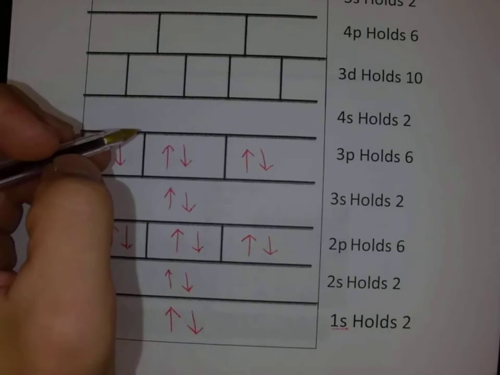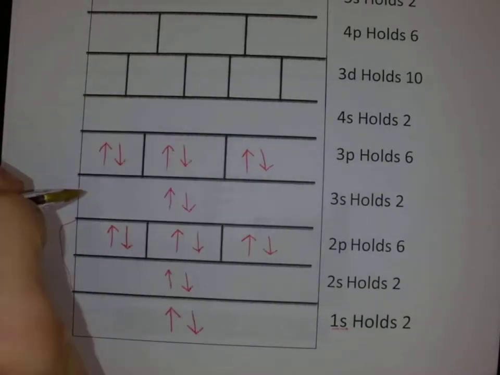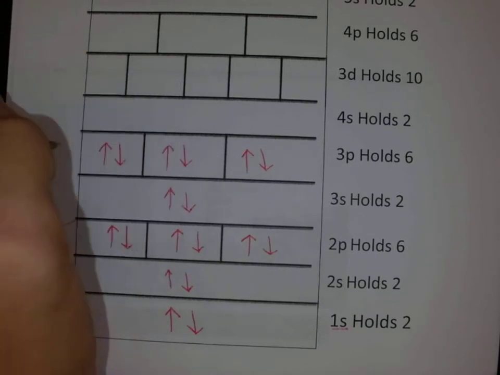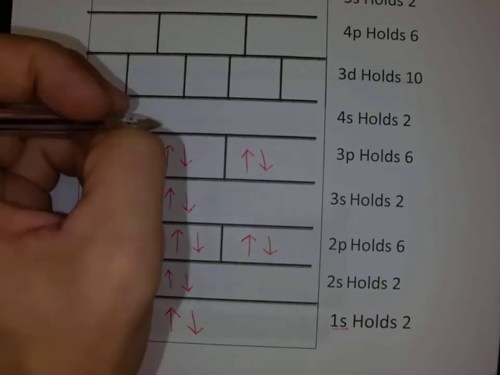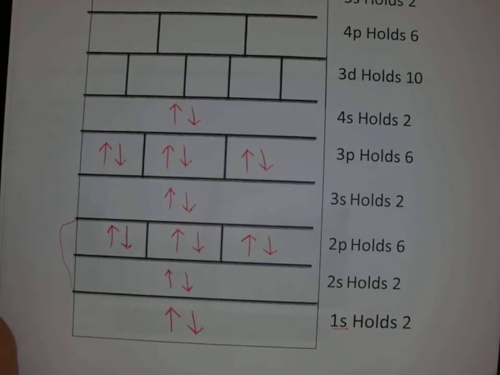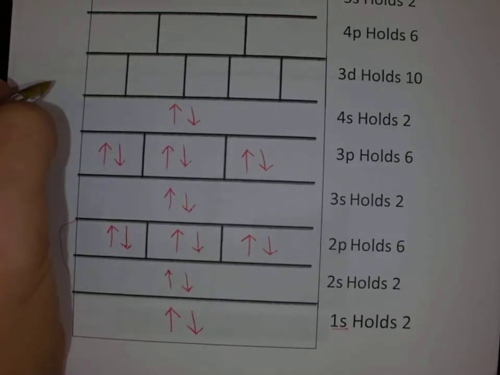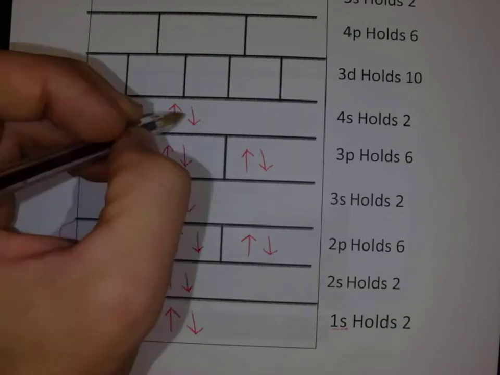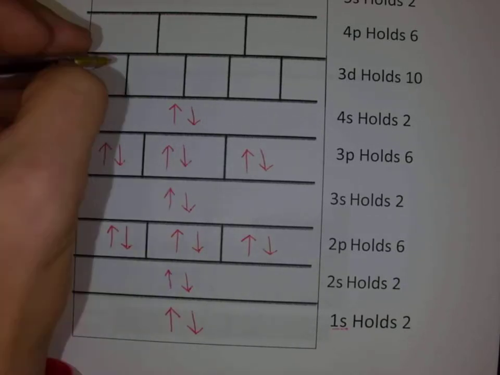Once we hit the filling up the p orbitals, we actually go and we fill up the 4s orbitals first, okay, before going up to the 3d orbitals, okay? So we'll fill in our 4s orbital with 2 electrons, and then we're going to go up to the 3d orbitals, right? Because these are even smaller, so they're kind of higher in energy than the 4s, okay?